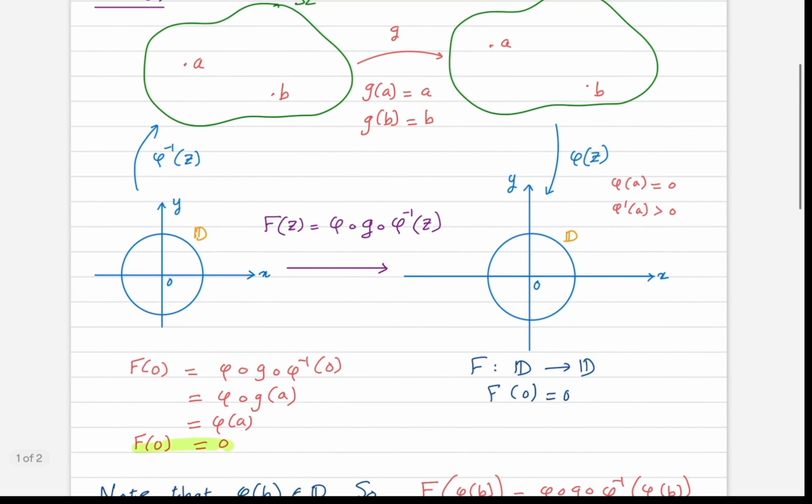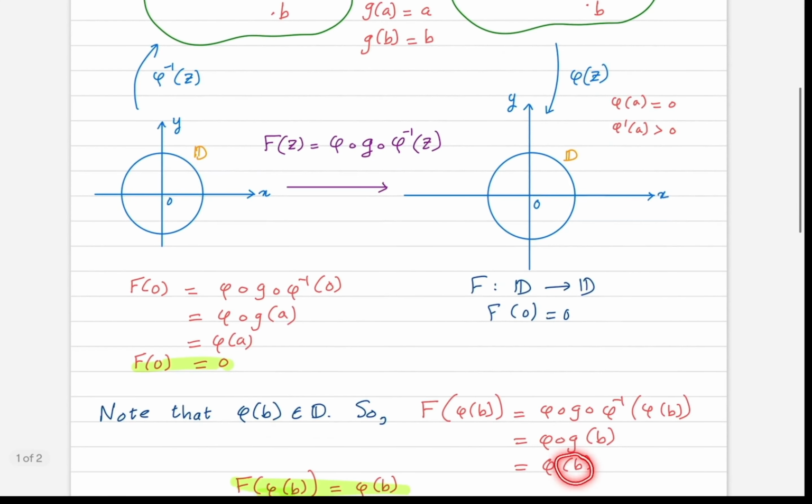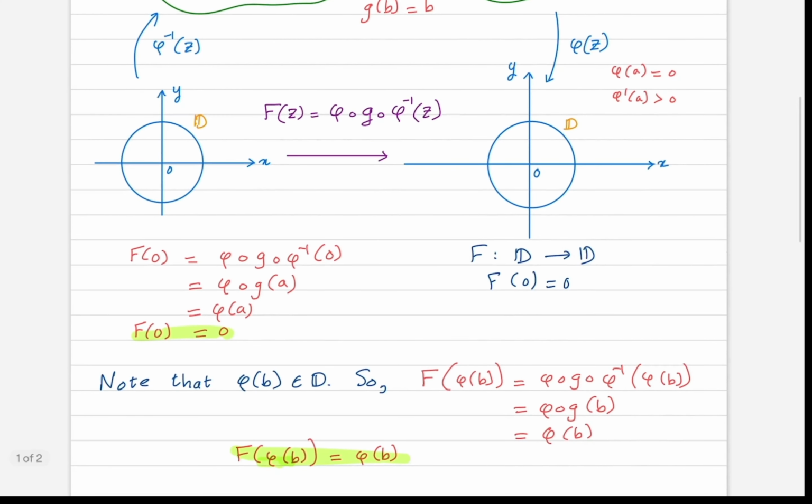B is a fixed point of g, so g of B is going to be equal to B. So you can notice that if you apply the function capital F to phi of B, you would get phi of B back. So phi of B is another fixed point of this capital F. We notice that capital F has two fixed points. One of them is 0 and the other one is phi of B.